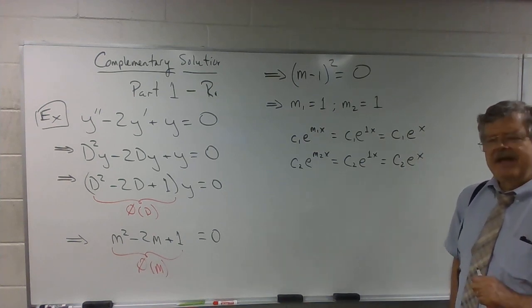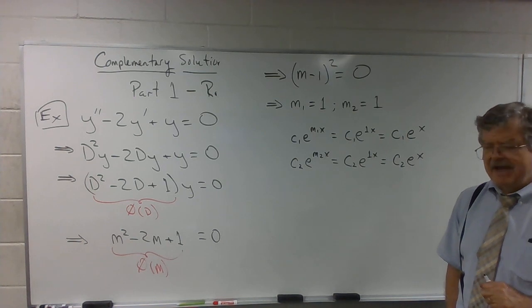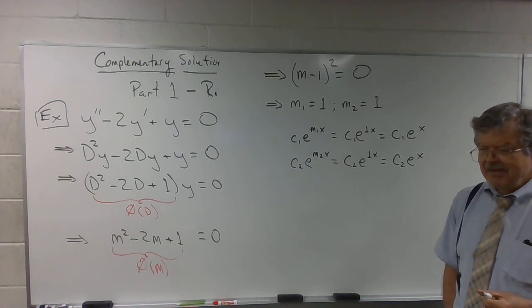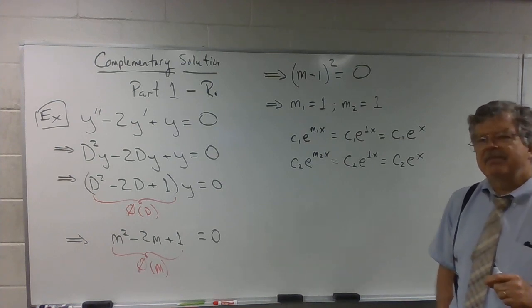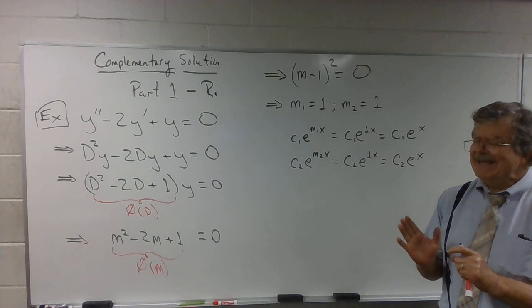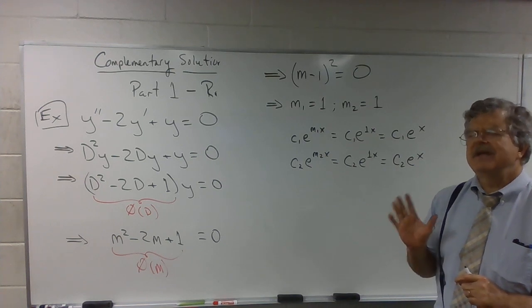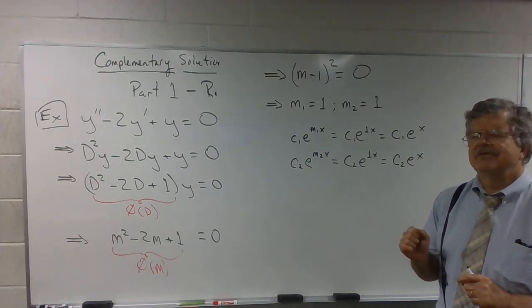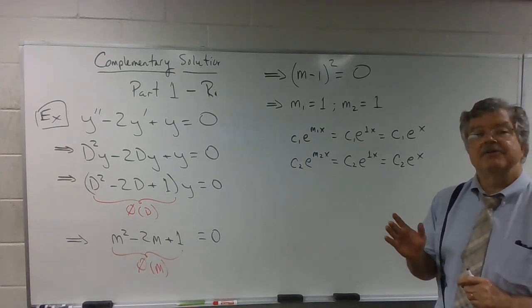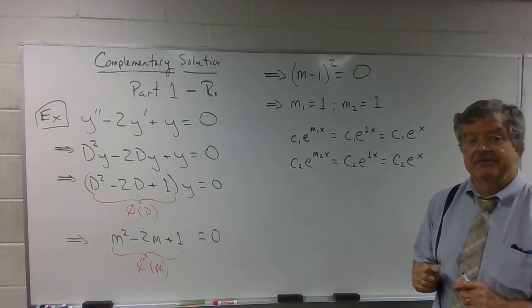And for those of us who haven't had linear algebra yet, if we have n solutions, they are independent if we can't write any one of those solutions as the sum of constant multiples of the other solutions.